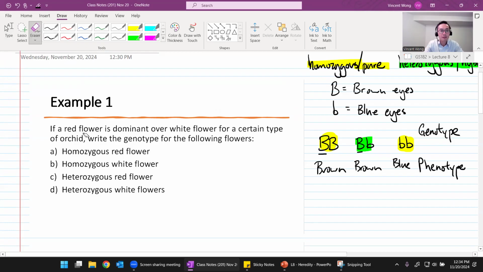If a red flower is dominant over white flower for a certain type of orchid, write the genotype for the following flowers. Right, so homozygous red flower. Now, in this question, it didn't give you what letter to use for the trait, so you have to come up with it yourself. So tell me, what's an appropriate letter to use to represent the flower color here?